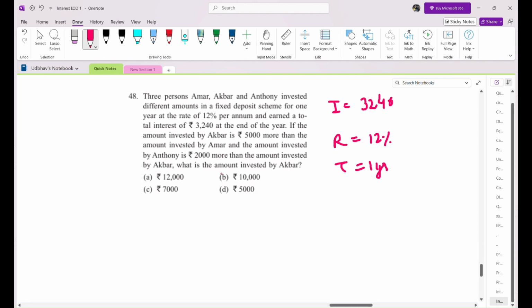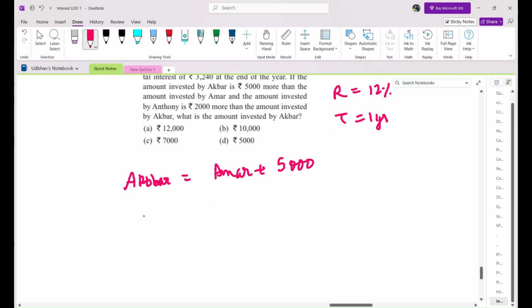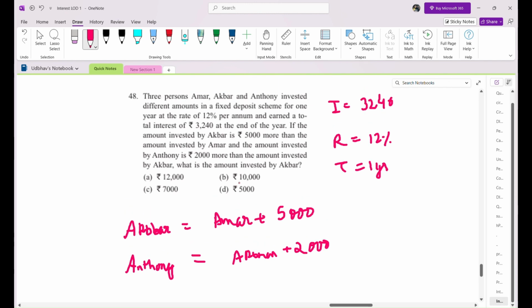If the amount invested by Akbar is 5,000 more than the amount invested by Amar, and the amount invested by Anthony is 2,000 more than Akbar, what is the amount invested by Akbar?